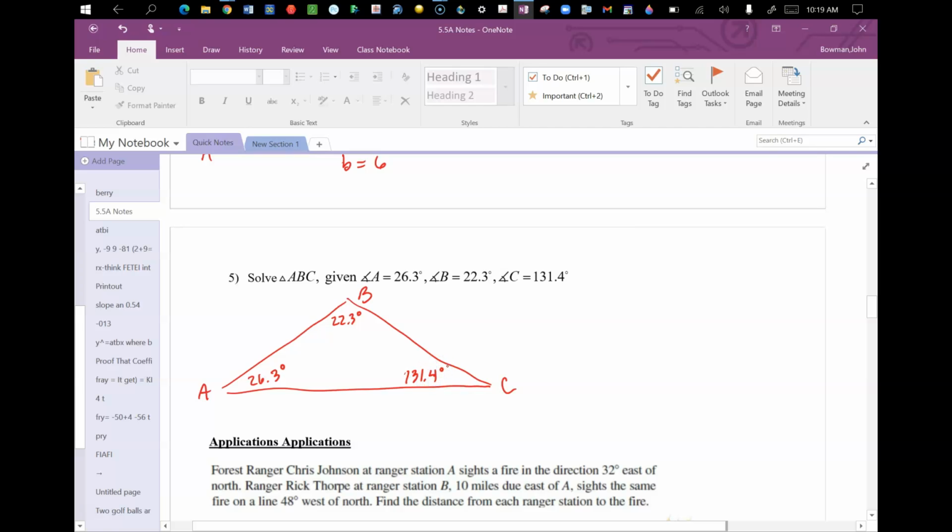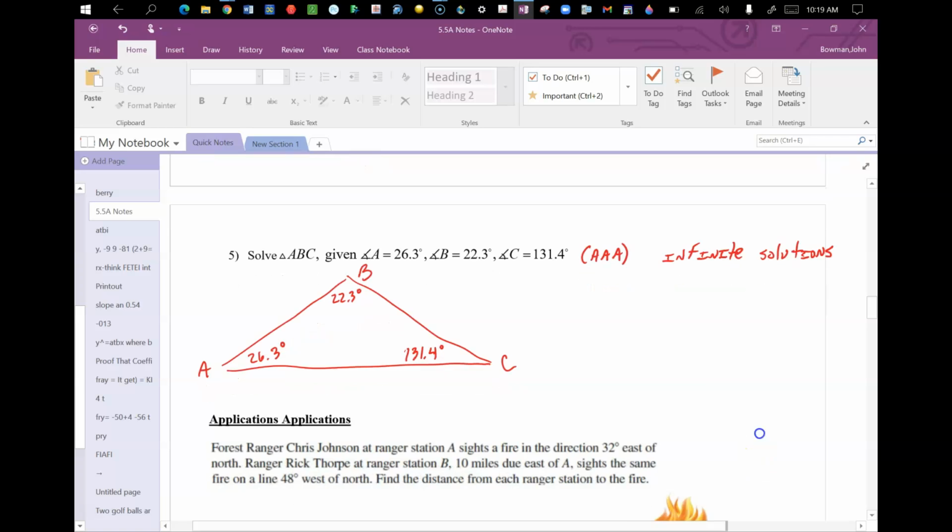Again, not drawn to scale. This is the angle, angle, angle situation, and there are infinite solutions to this. In other words, if I had you draw a triangle that had these angles, then you can have an infinite number of combinations of sides, so we don't bother solving them.